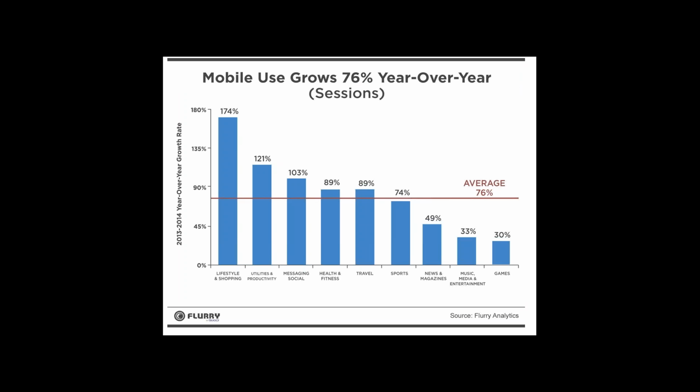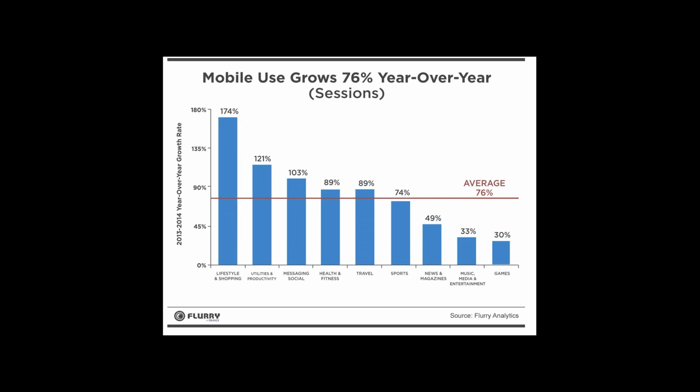So let me show you statistics by Flurry Analytics. It says mobile use has grown by 76% over a year. Let's take a detailed look over all the numbers. The lifestyle and shopping category has grown by 174%. Isn't that surprising? Another one says utilities and productivity by 121%, messaging and social apps by 103%, health and fitness by 89%, which is equivalent to the travel category.